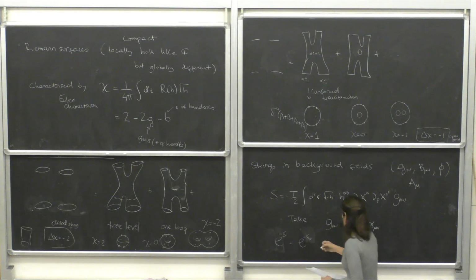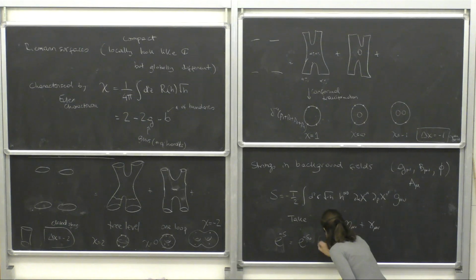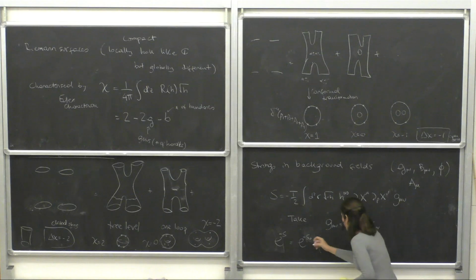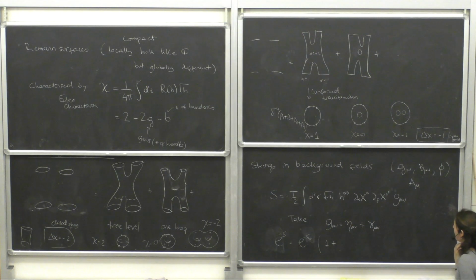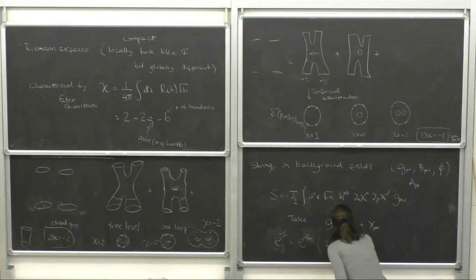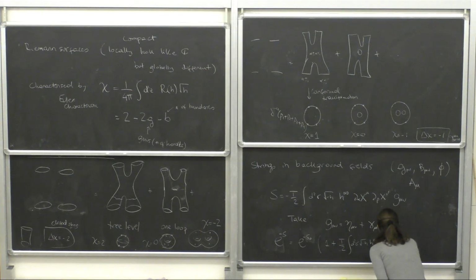So in this expansion I have e to the minus S0 times 1 plus t over 2 integral d2 sigma square root of minus h alpha beta, partial alpha x mu, partial beta x nu, gamma mu nu.